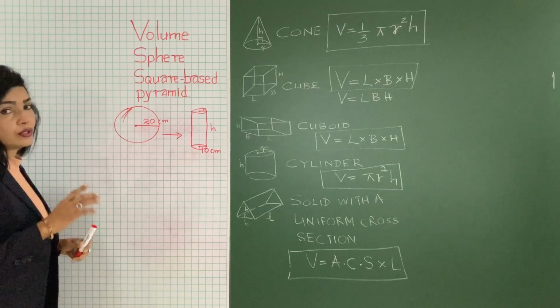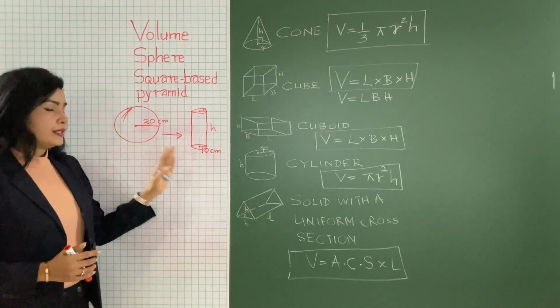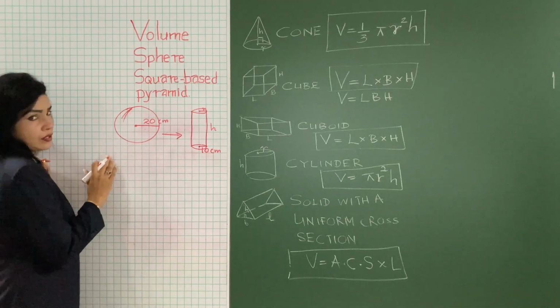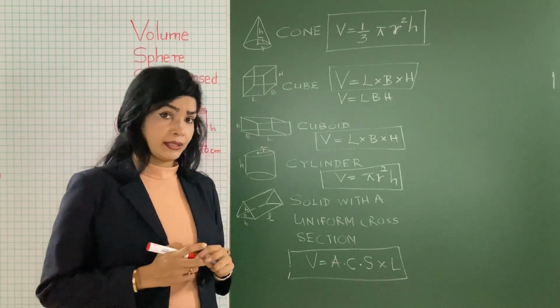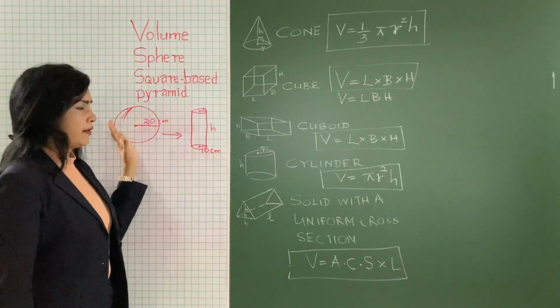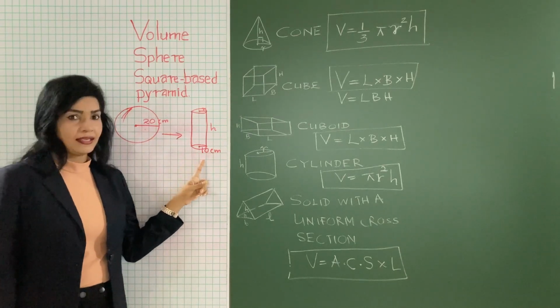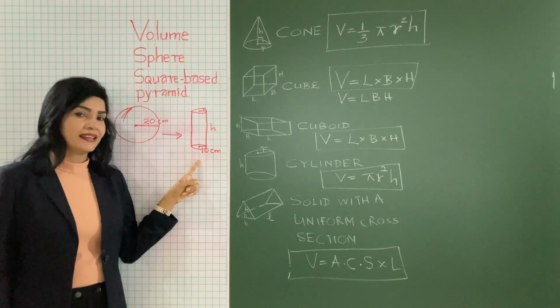Okay, so we are going to find the height of this cylinder, which is made by melting the sphere. First of all, what is your suggestion? What have we to do first? Now, if we have melted this sphere and made this cylinder, definitely the volumes of these two should be equal.